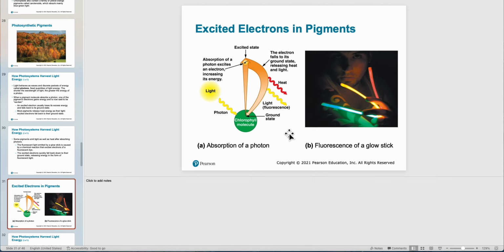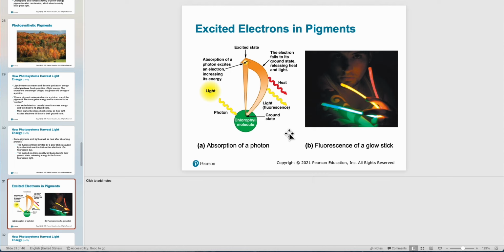So the glow sticks produce heat and light as well. Those neon lights that you see that say open or closed for restaurants, those neon lights are like that. They actually have a gas within the tube, and then when you plug them into an outlet, the electricity will excite the gas, and the gas will then glow, so you can have a neon light that's red or blue depending upon the kind of gas that you put inside that tube.